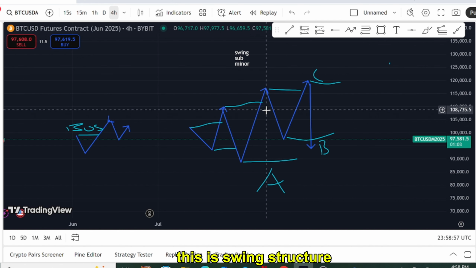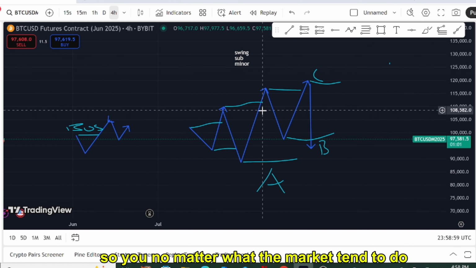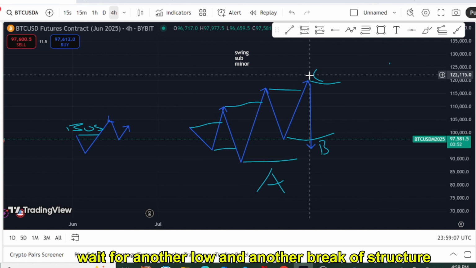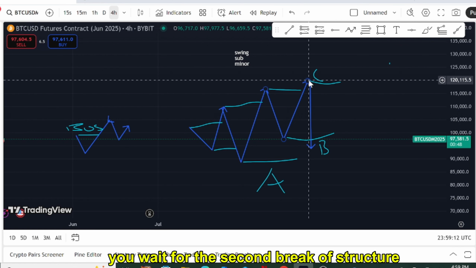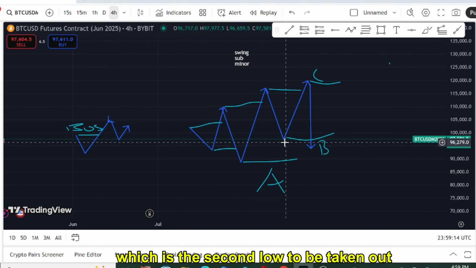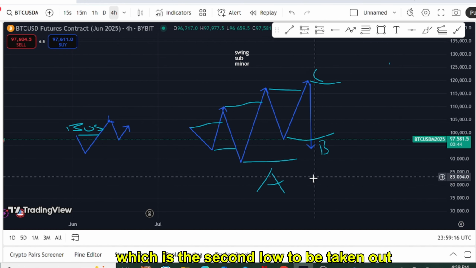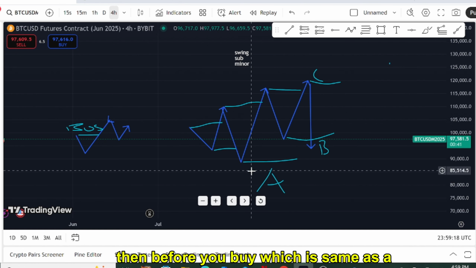This is swing structure. So no matter what the market does, no matter how liquidity plays out, you just have to be patient and wait for another low and another break of structure. Once you see multiple breaks of structure, you wait for the second low to be taken out, and then you buy, which is the same as A.